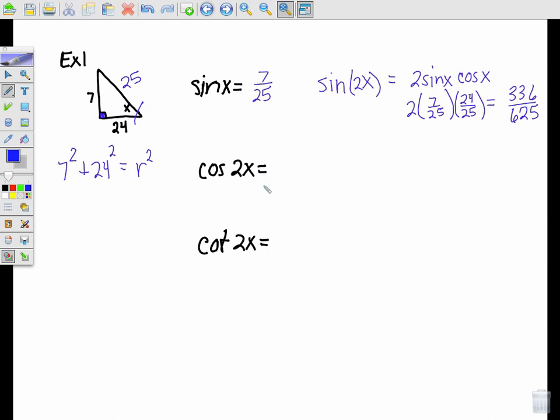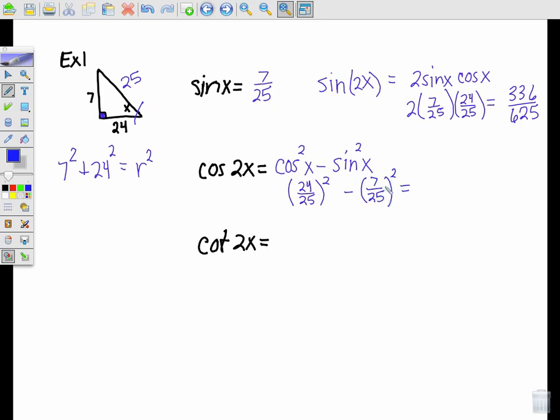Let's go ahead and look at cosine 2x. Again, it doesn't matter which formula we decide to use. You could use any of the 3. I'm going to go ahead and use cosine squared x minus sine squared x. So cosine would be 24 over 25, squared, minus sine, which is 7 over 25, squared.